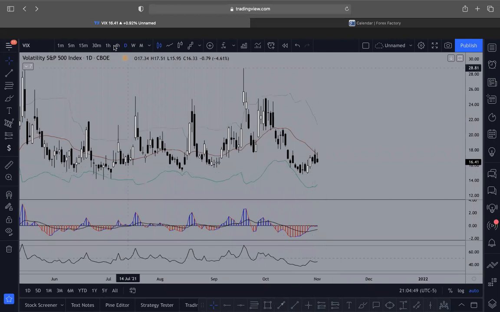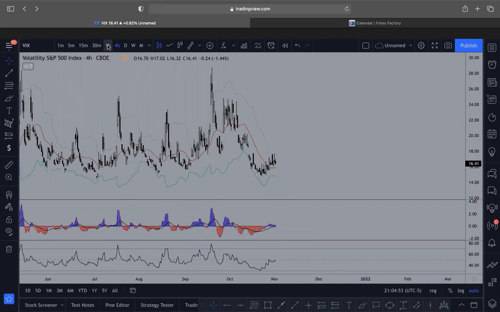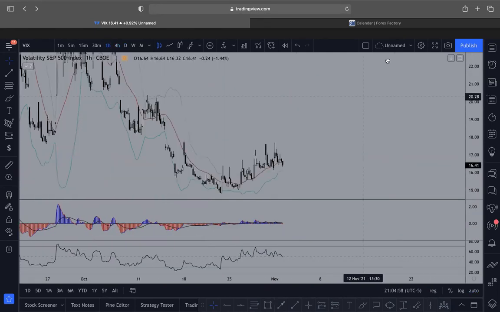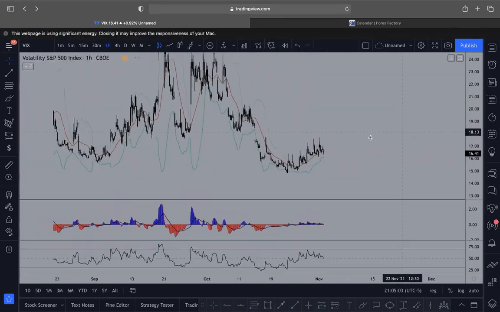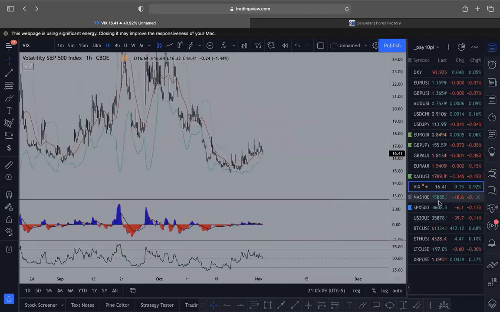I'm not exactly sure what the VIX is trying to do right now. The way it has moved has been kind of slow. But regardless, 16 is a low reading, and I'm really not looking for bullish moves on the indices.